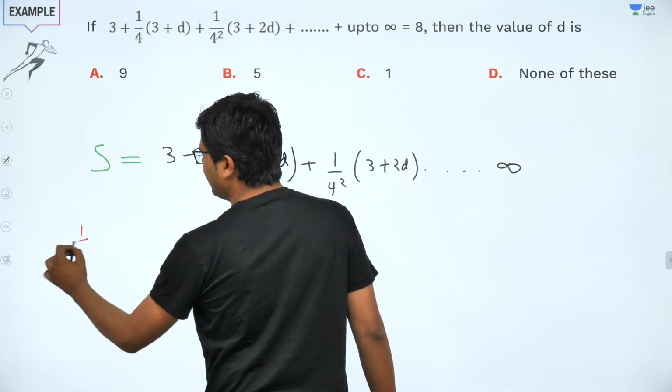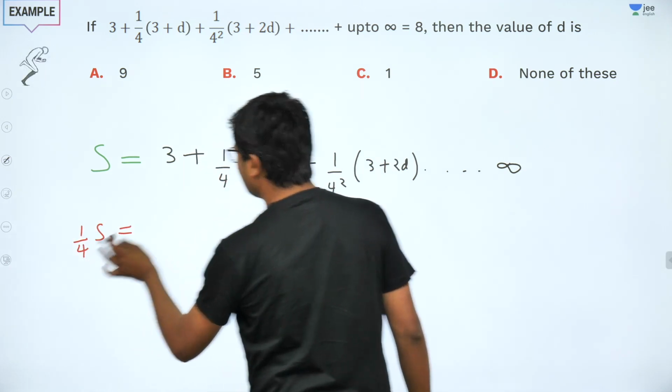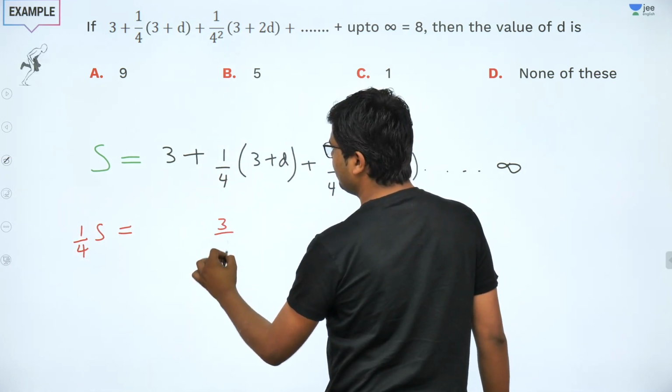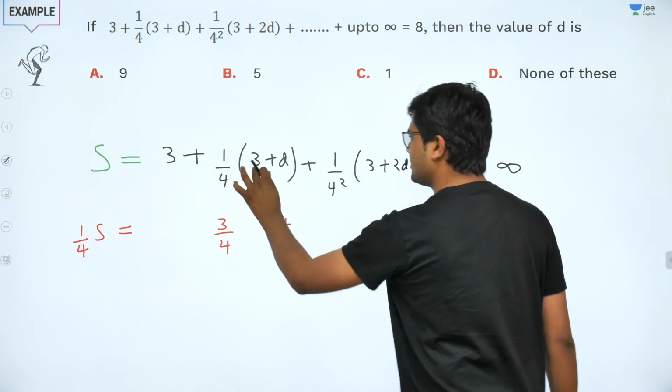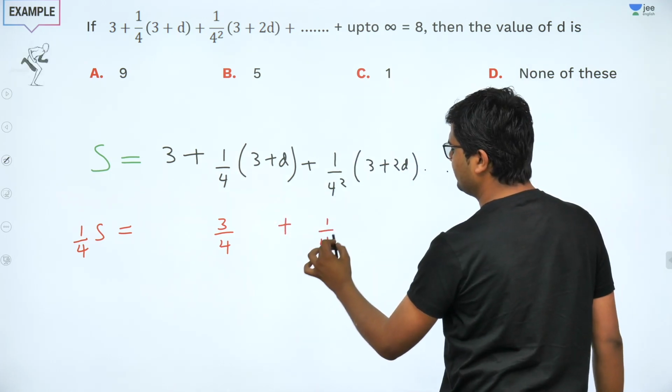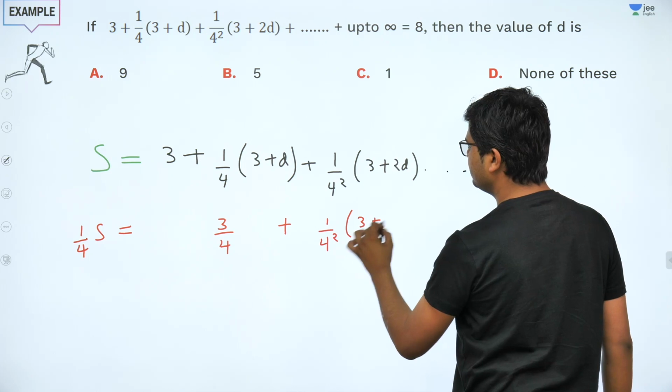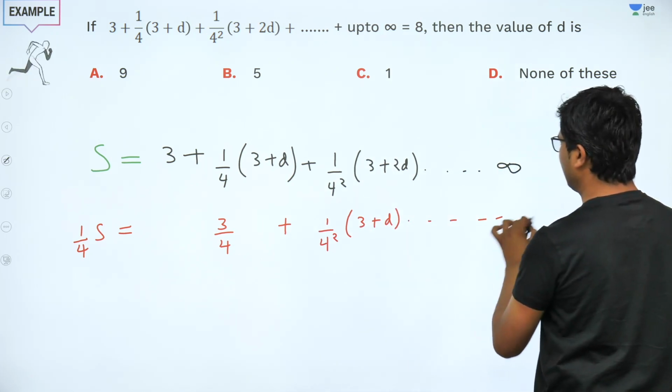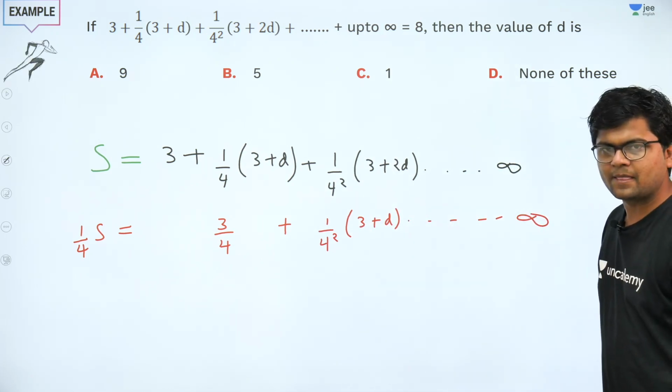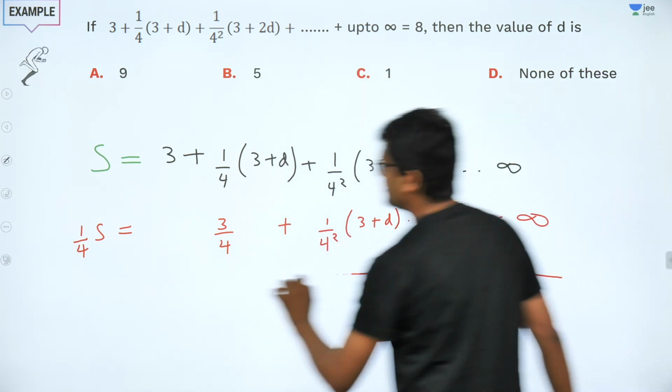So it will become 1 by 4 of S is equal to 3 by 4 plus this. If you multiply this by 1 by 4, it will become 1 by 4 into (3 plus d), and it will go till infinity. Got my point? Now subtract these two equations.